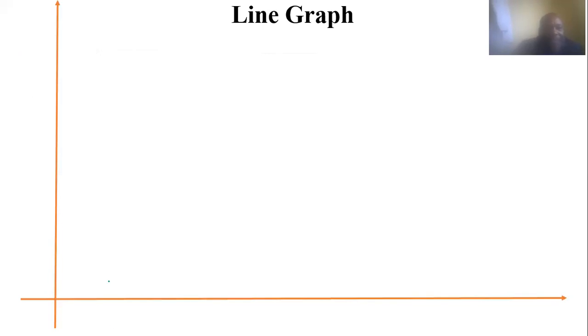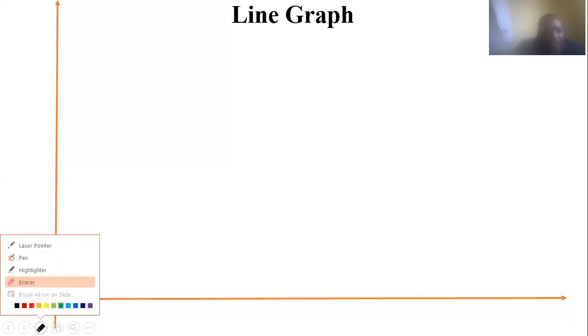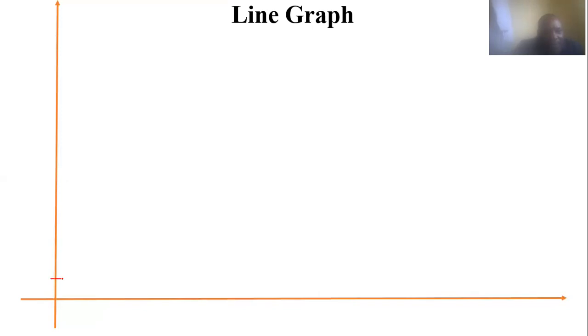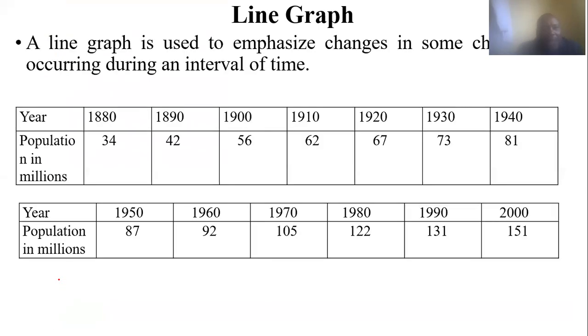We have our scale here. So we have a uniform scale on this side. Then on this uniform scale, we are supposed to look at our data. What are we having?